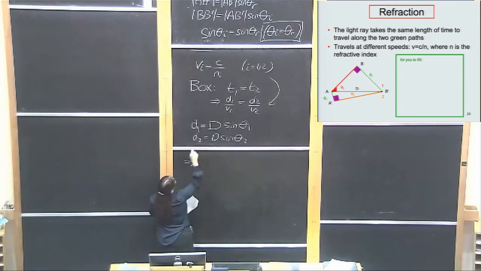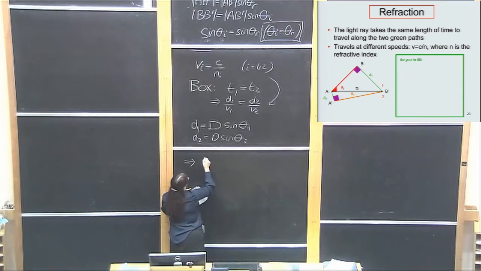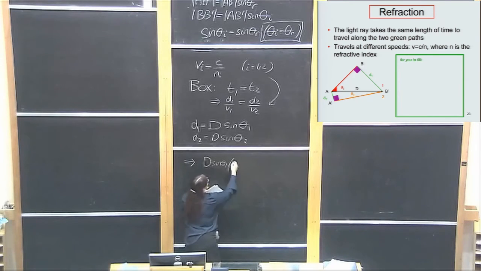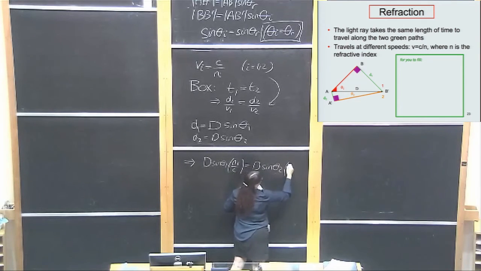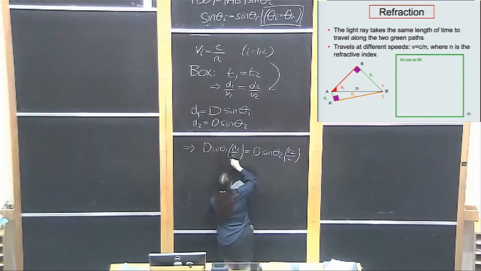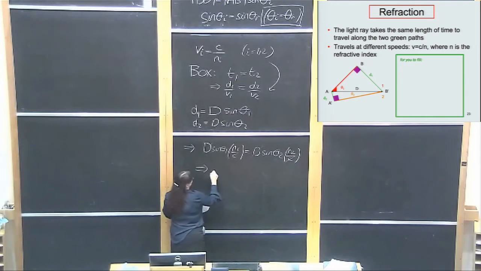which means that, using also our expression for the v's, we know that d sin θ1 n1 over c equals d sin θ2 n2 over c. Some constants cancel out on both sides, and then you've got Snell's law.